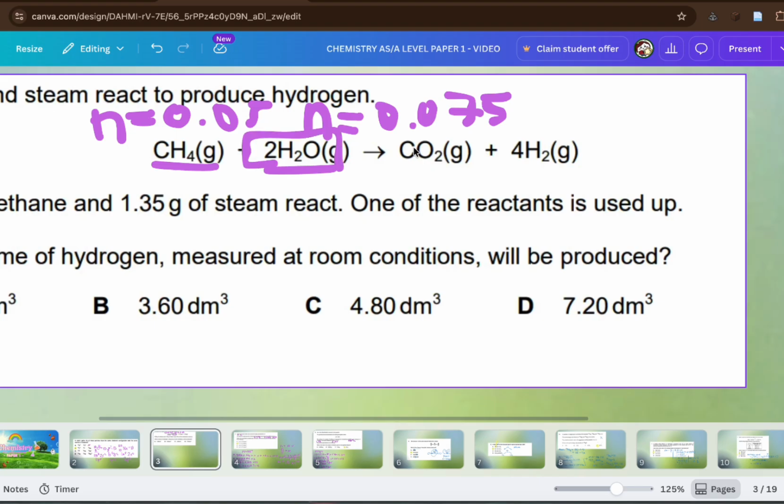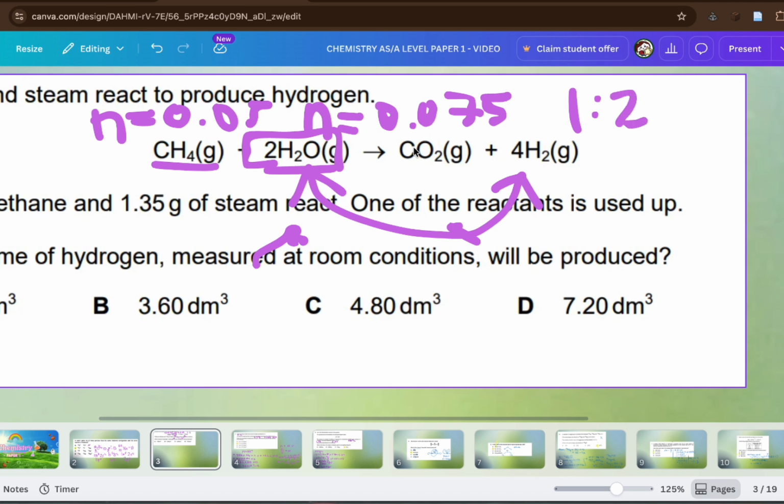Now that we found the limiting reactant, we just have to find the mole of hydrogen. You see that between steam and hydrogen, there's a 2:4 ratio, or 1:2 if you simplify it.